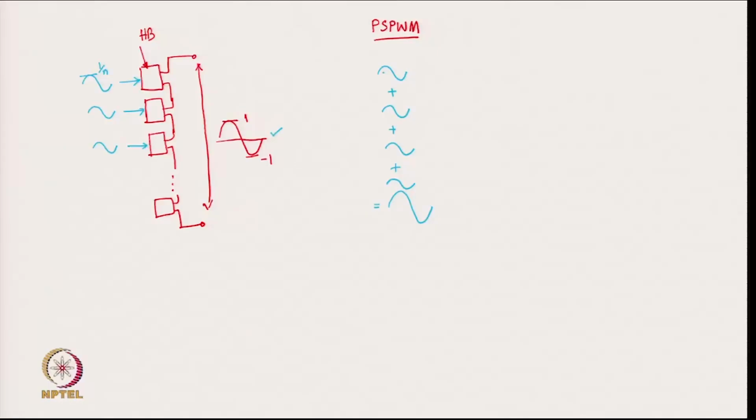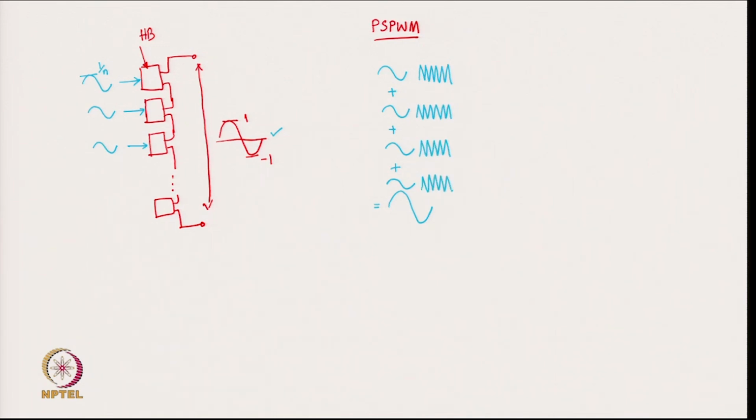However, while doing so, of course, how will it do this? It will do this by comparing this sine wave with a high frequency triangle. Okay. So, this has a triangle, this has a triangle, this has a triangle, and this has also a triangle.